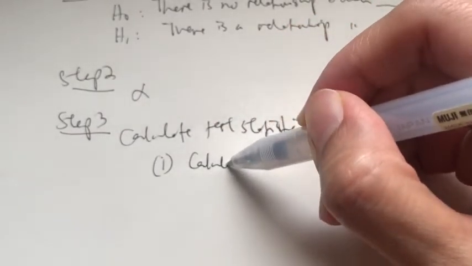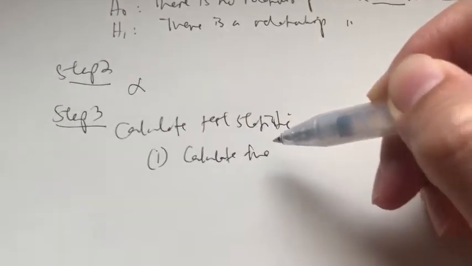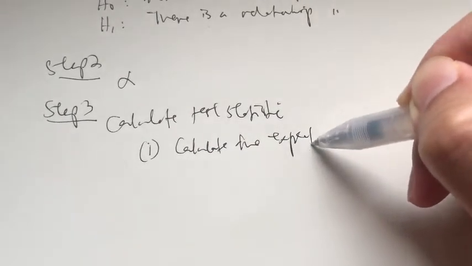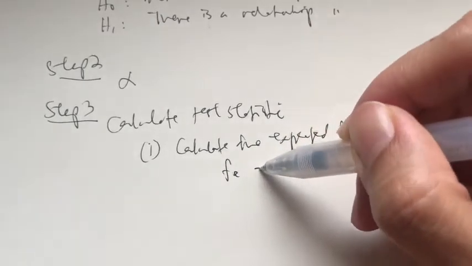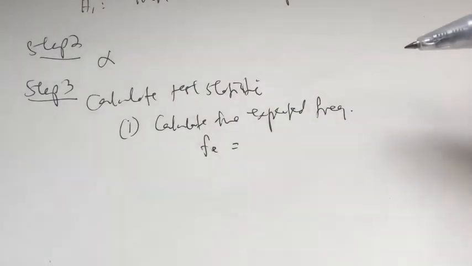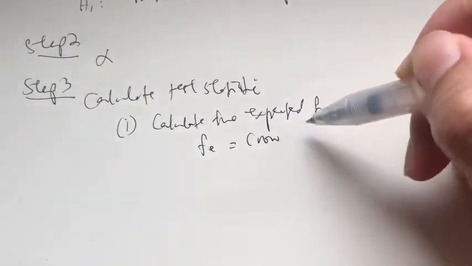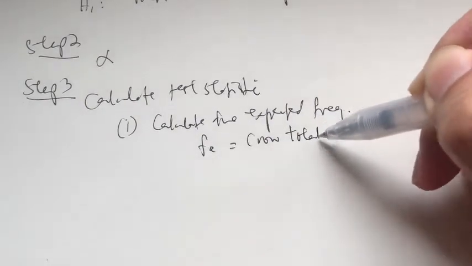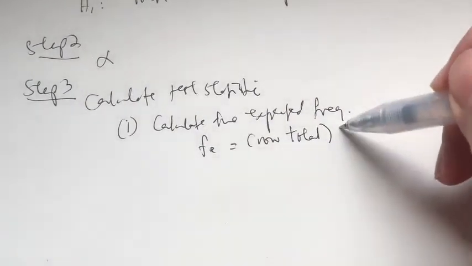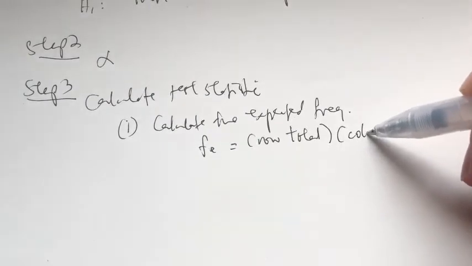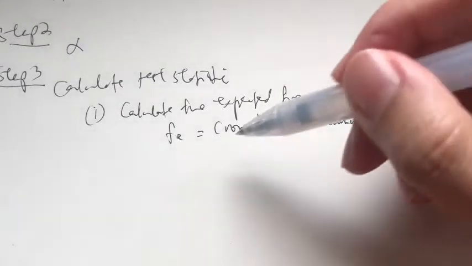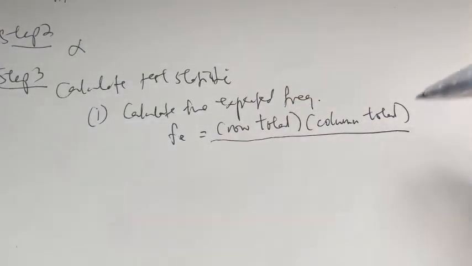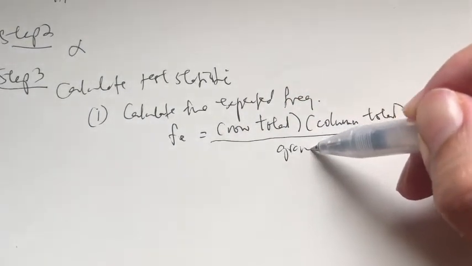Okay, so here's the first step. We want to find or calculate the expected frequencies, FE. How to calculate the expected frequency is the row total, you multiply with the column total. So you multiply these two together, and then you divide by the grand total.